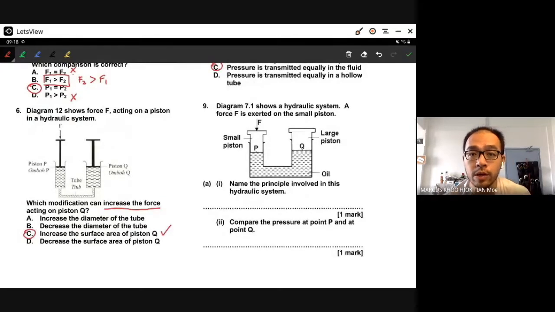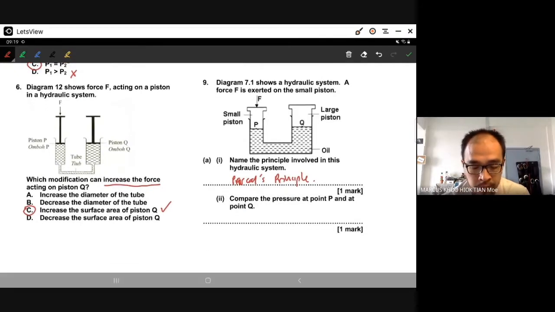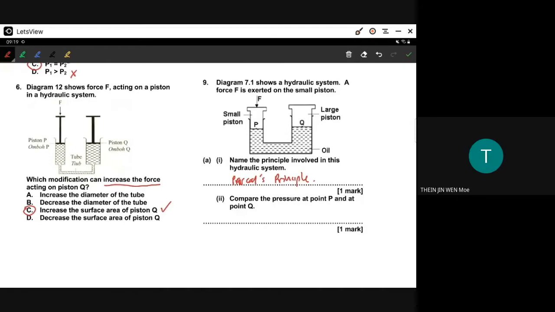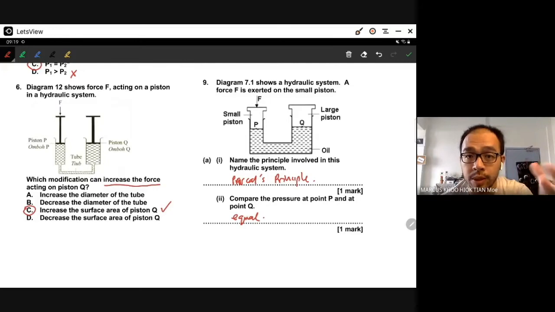Diagram 7.1 shows a hydraulic system. A force F is exerted. The principle involved is Pascal's principle. Compare the pressure at point P and point Q. Equal. Okay, so the short answer will be equal, but I would always like you to write in full sentences, especially during exams.